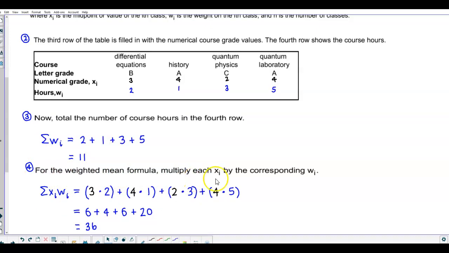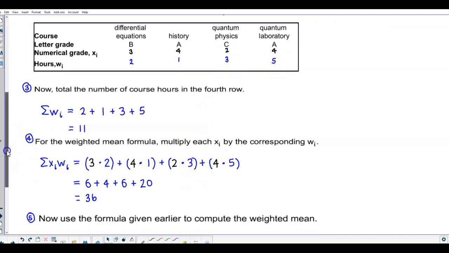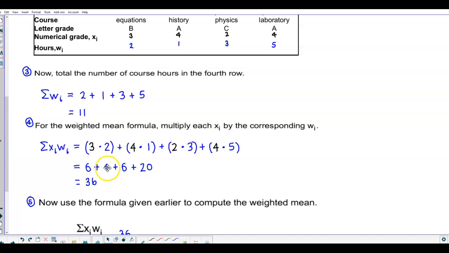So we have to multiply each x, which is the numerical grade, by the corresponding hours. So we're taking 3 times 2 plus 4 times 1 plus 2 times 3 plus 4 times 5. Well, that gives us 6 plus 4 plus 6 plus 20, which gives us 36.